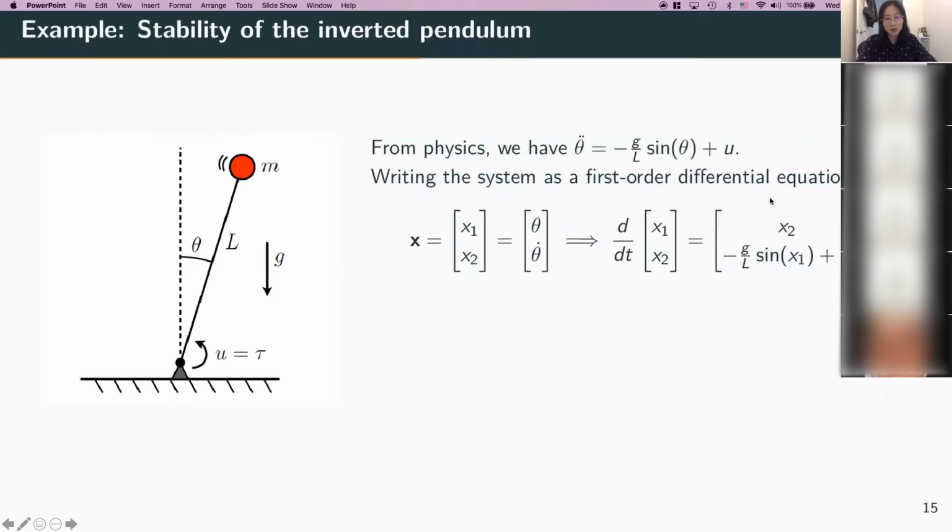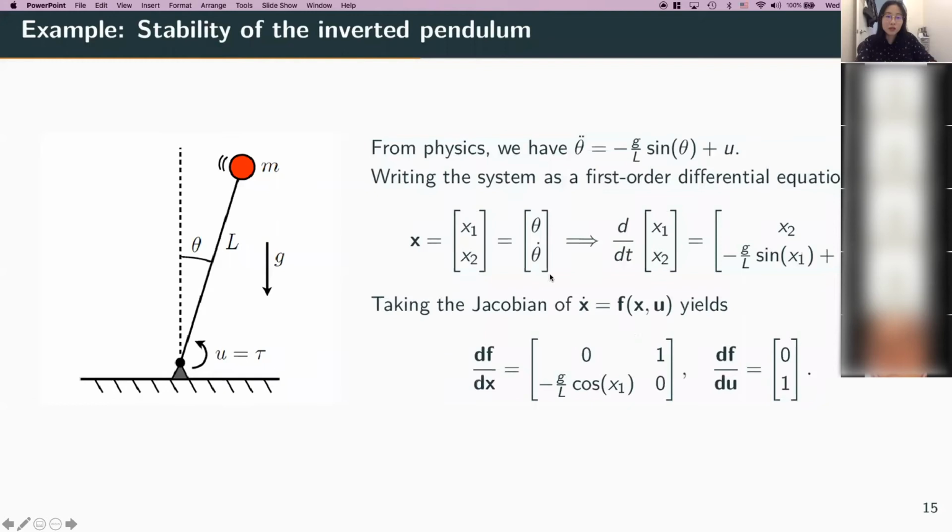Because x1 is theta, d theta is just theta dot, right? And then taking the time derivative of x2, theta dot, gives us this. Because this is theta here, you just plug in x1 into it, and that's how we got this system.